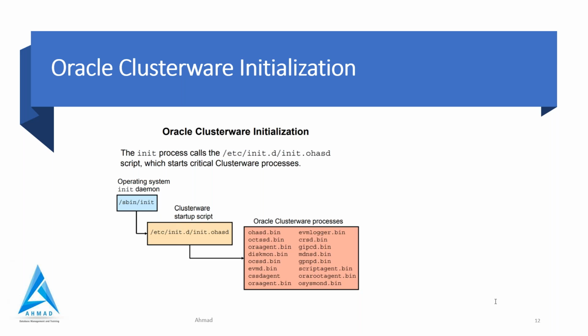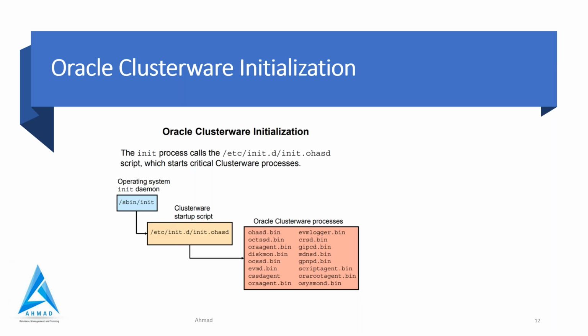So see, there is one script which is used to start the Clusterware process. That script is init.ohasd. Another interview question. Okay, and then which daemon will come into the picture? First the OS process will come, that is the init process.